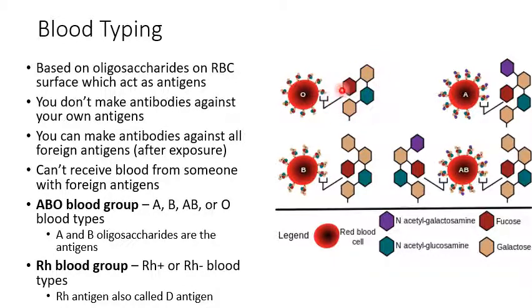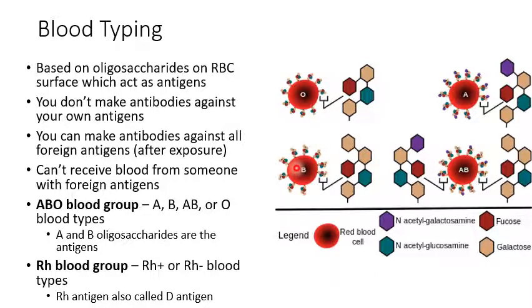So you always start out with O here on your red blood cell surface, and then depending on your genetics, either you're going to convert that O to the A antigen, or to the B antigen, or to both the A and the B antigens, or not at all. So if you're blood type A, that means that you have genes that make enzymes that are going to convert all of these O oligosaccharides to A antigens.